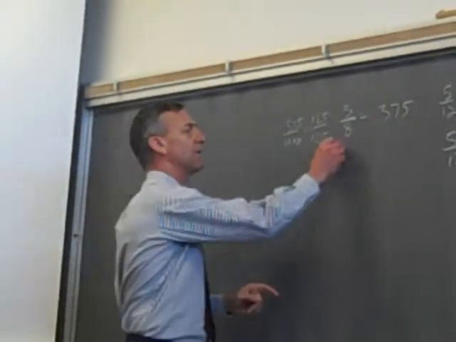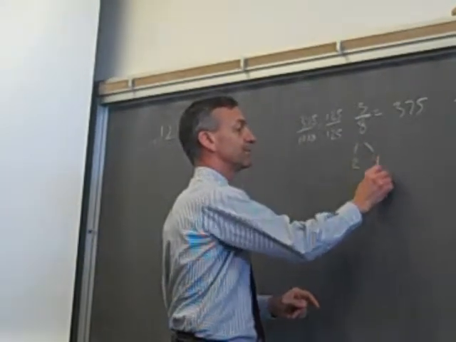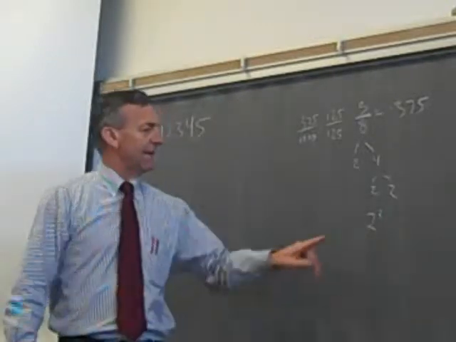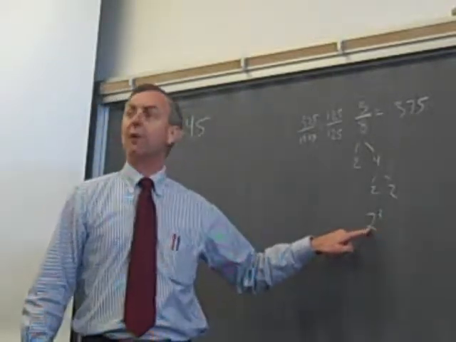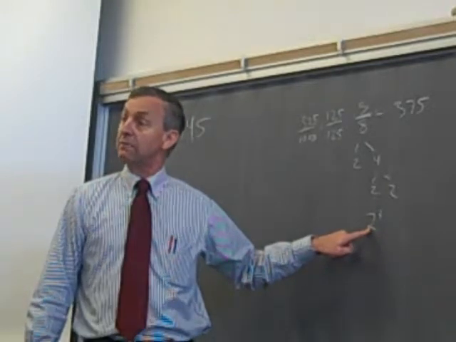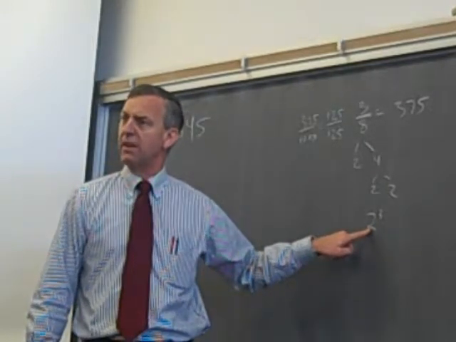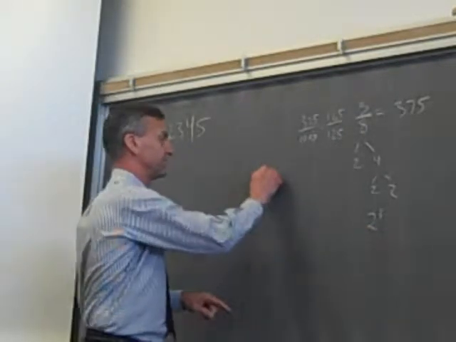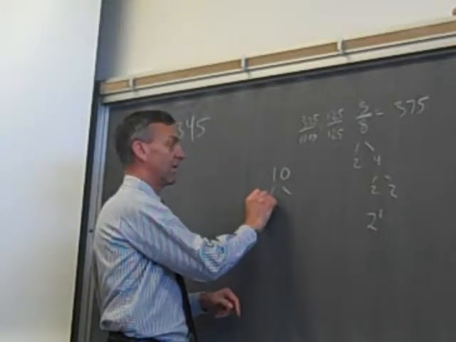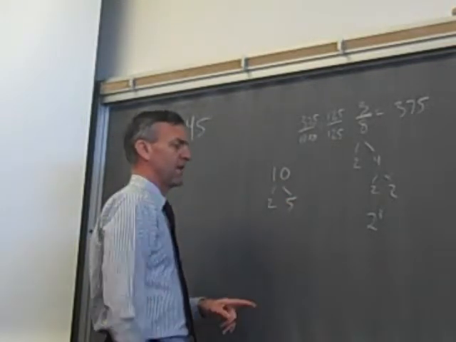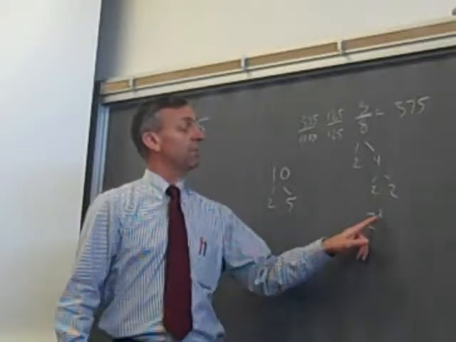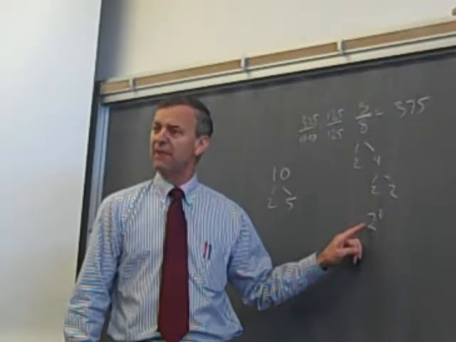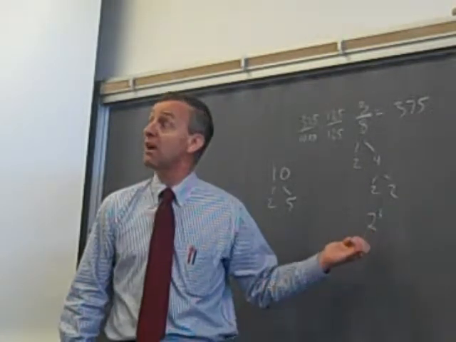So, this right here, Rachel was the one that shared this. 8, when I prime factor it, I get 2 to the third. Can I multiply 2 to the third by something to get me a power of 10? Well, how do you get tens? Tens come from 2s and 5s. So notice, if I've used 3 powers of 2, it's going to take 3 powers of 5 to turn it into 3 powers of 10.